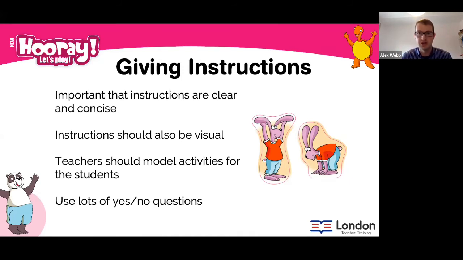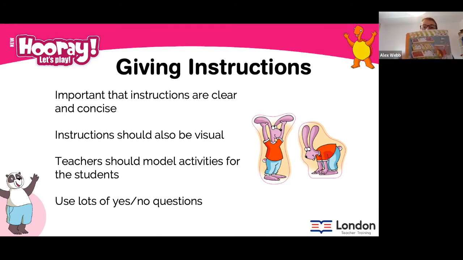Lots and lots of gestures. I realize I'm doing that a lot when I'm giving this presentation as well. But yeah, instructions should be really visual for the students. This means, for example, if you've got the student's book or the activity book, holding the book up and pointing to the activity.